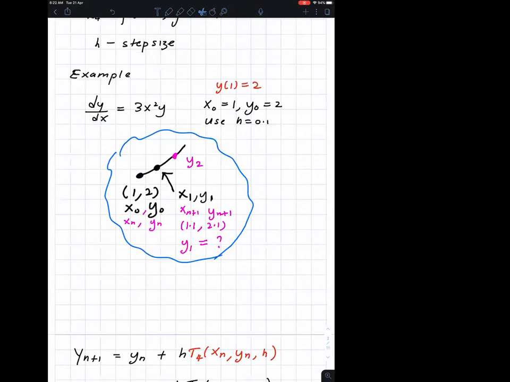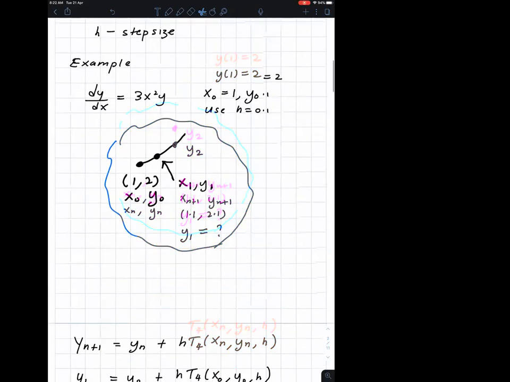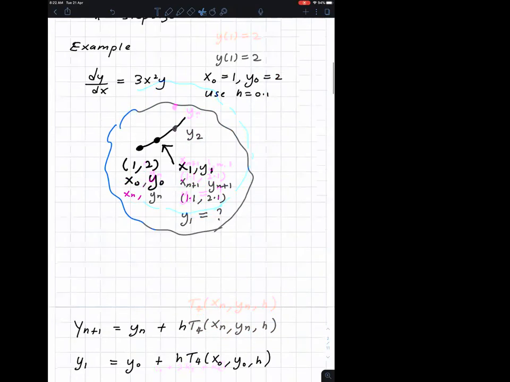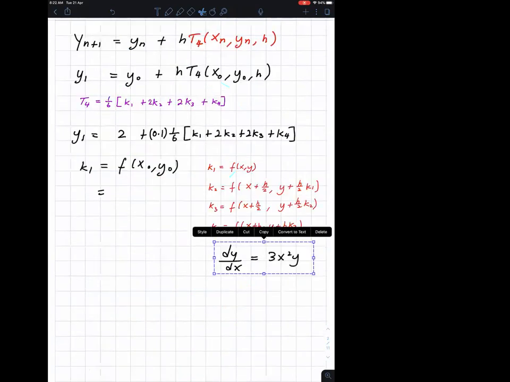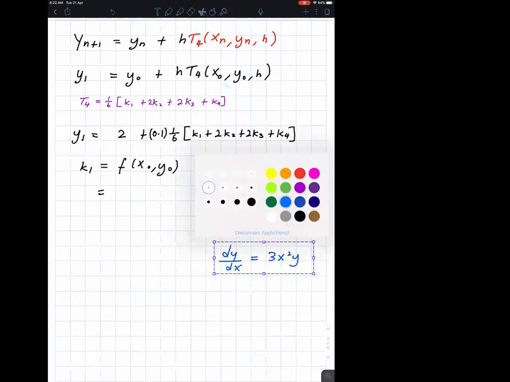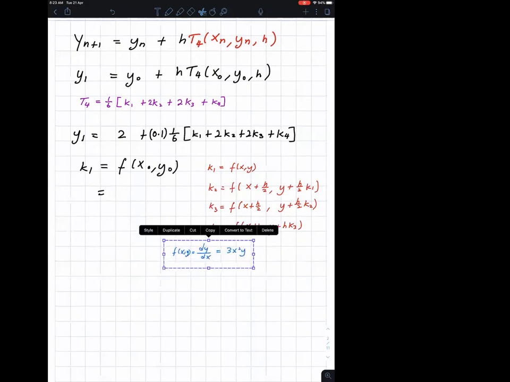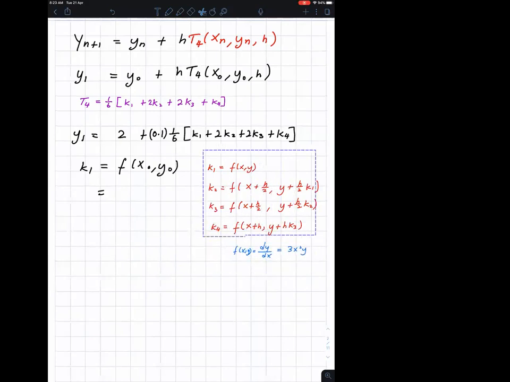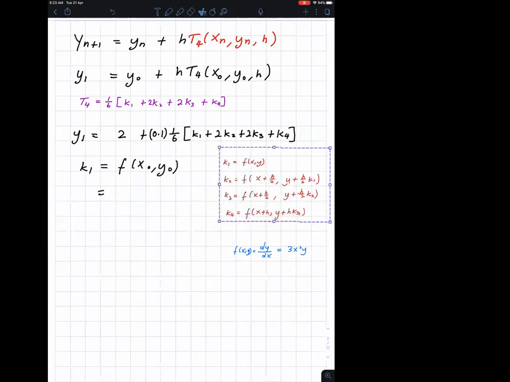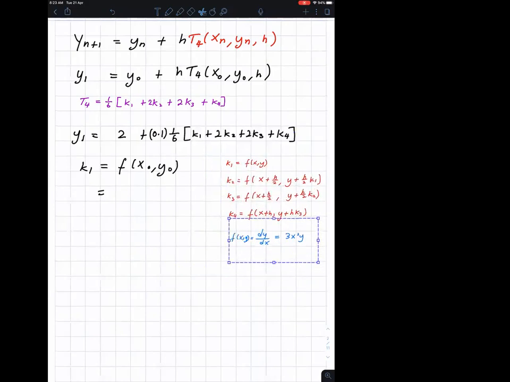Just bring it over here for reference. Okay, so K1 is f(x, y).